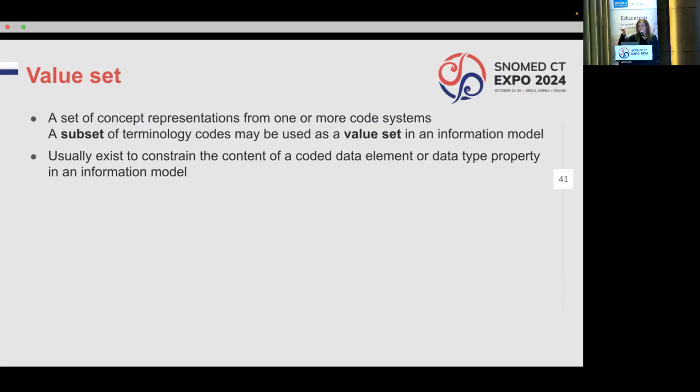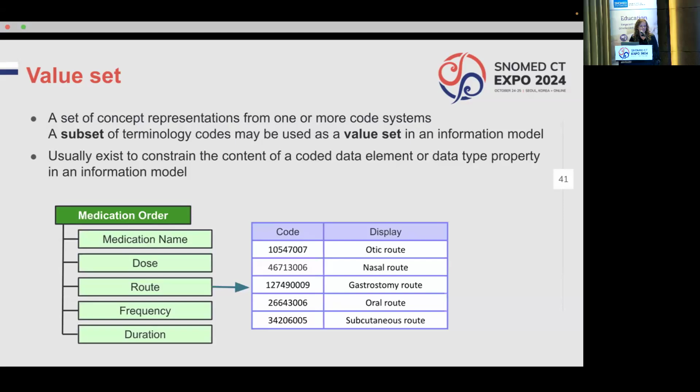Within the binding, it then needs to be very clear where the source of the code is so that it can be resolved. And this is an example of a binding from a medication order information model where there is a route data element, and there you can see some different routes that have been derived and perform as the value set.